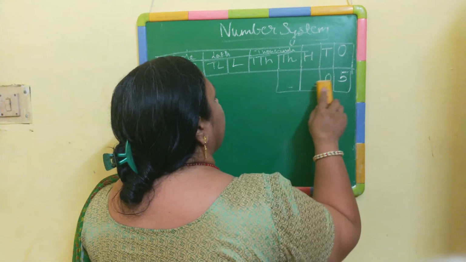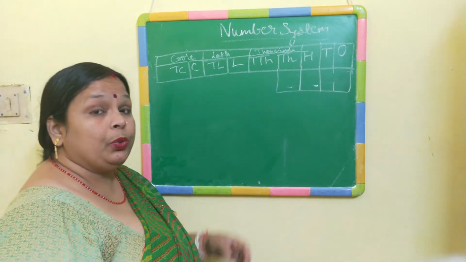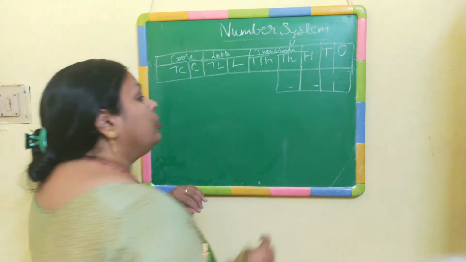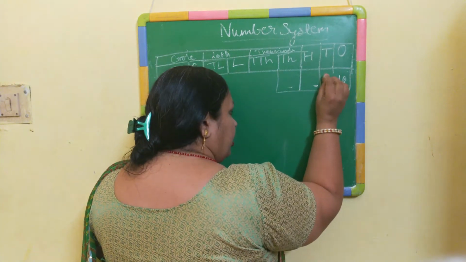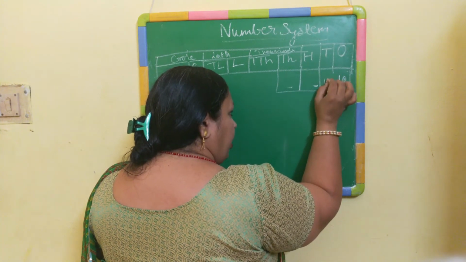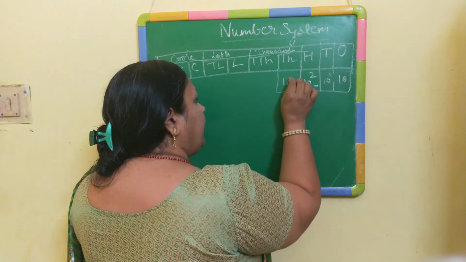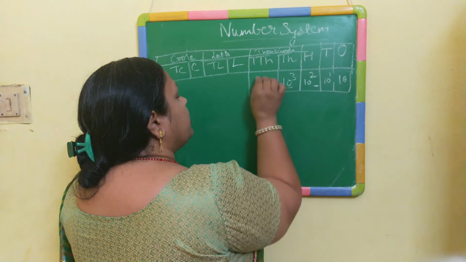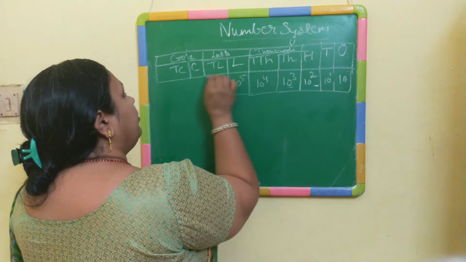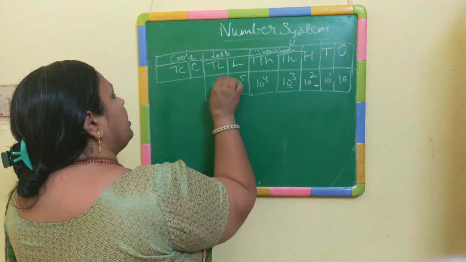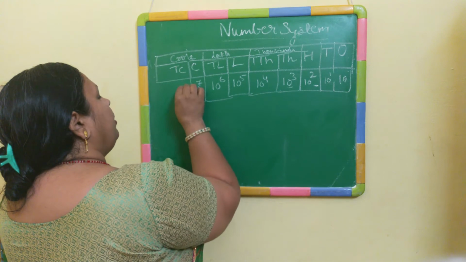Now, to explain better, let's take one more concept. As I told you, the numbers are based on 10. Here it is 10 power 1, then 10 power 2, then 10 power 3. This is 10 power 4, this is 10 power 5, this is 10 power 6, this is 10 power 7 and 10 power 8.